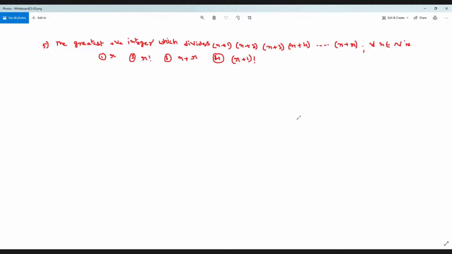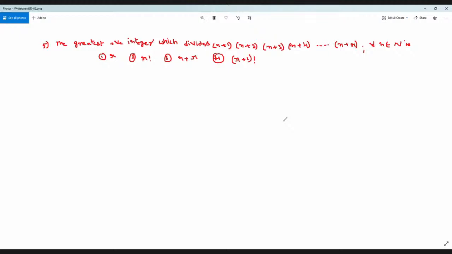In case product of two terms, 1 into 2, is divided by 2 factorial. Product of 3 terms, 1 into 2 into 3, it is divisible by 3 factorial. So product of r terms is divisible by r factorial. General standard condition.